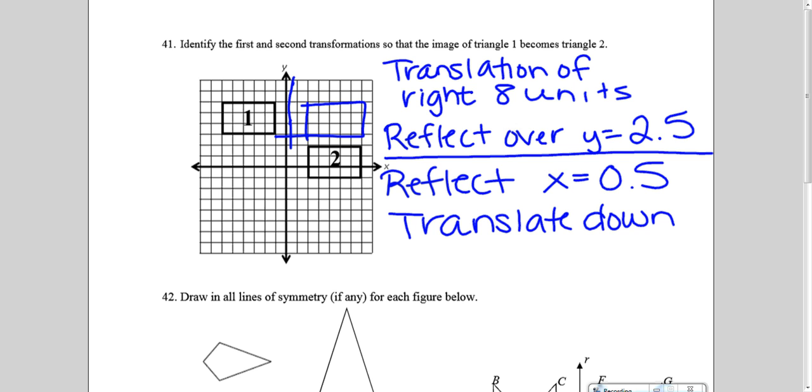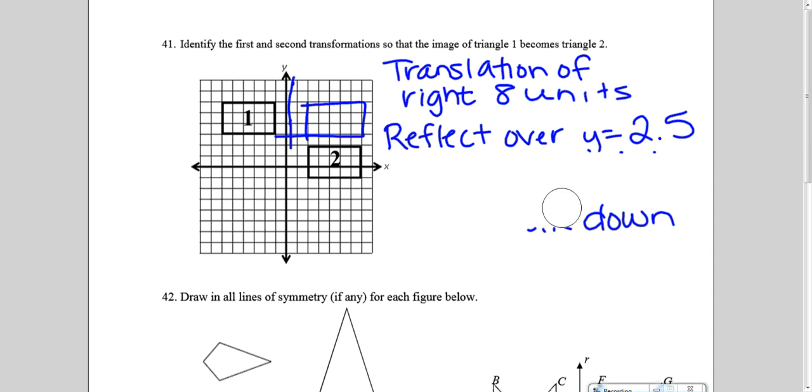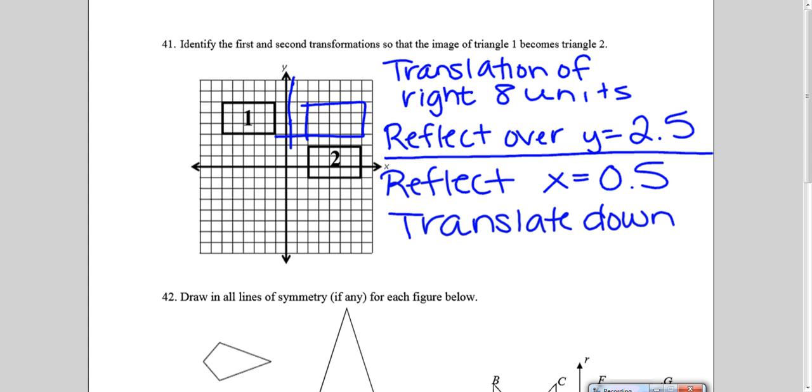Oh, good Lord, we could do a bunch of different things. Erase this. Sorry about that. Change my mind, don't want to erase. So we reflect over the line x equals 1/2. Then we have to translate it down 4 units. Either one works. Two completely different methods, but either one works.